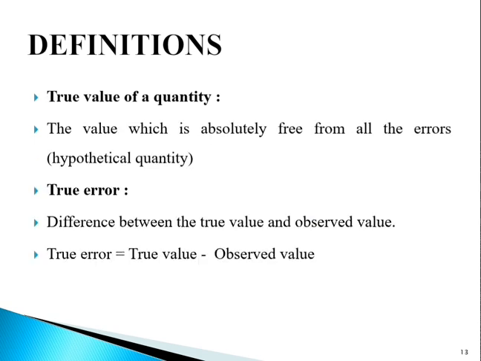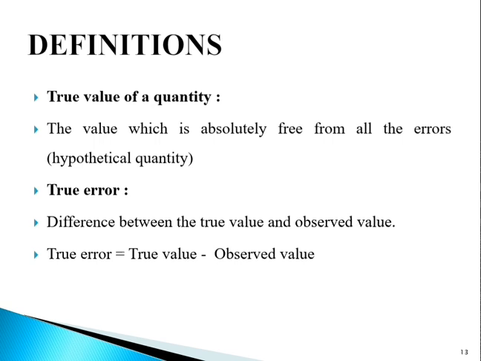Next is true value of a quantity. The value of a quantity which is free from all the errors is known as the true value of the quantity. Because it is not possible to eliminate all the errors completely from a measured quantity, the true value cannot be found.